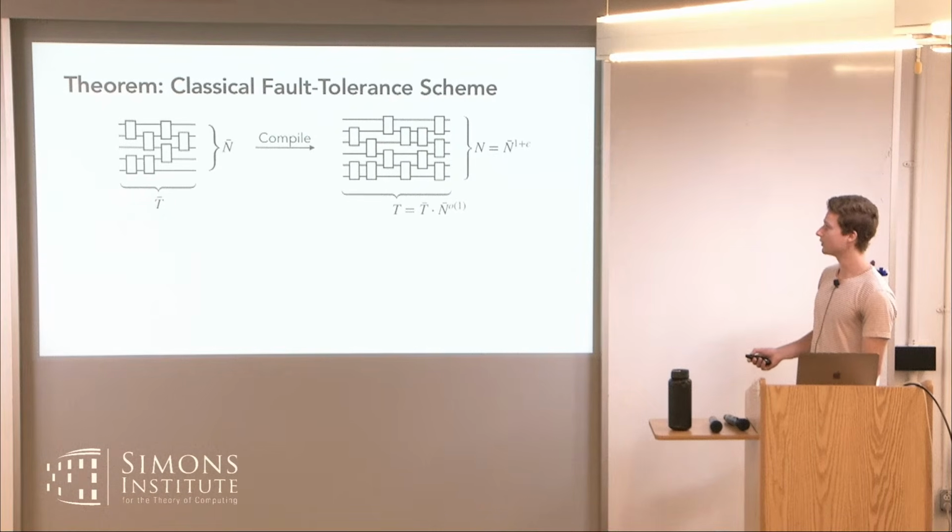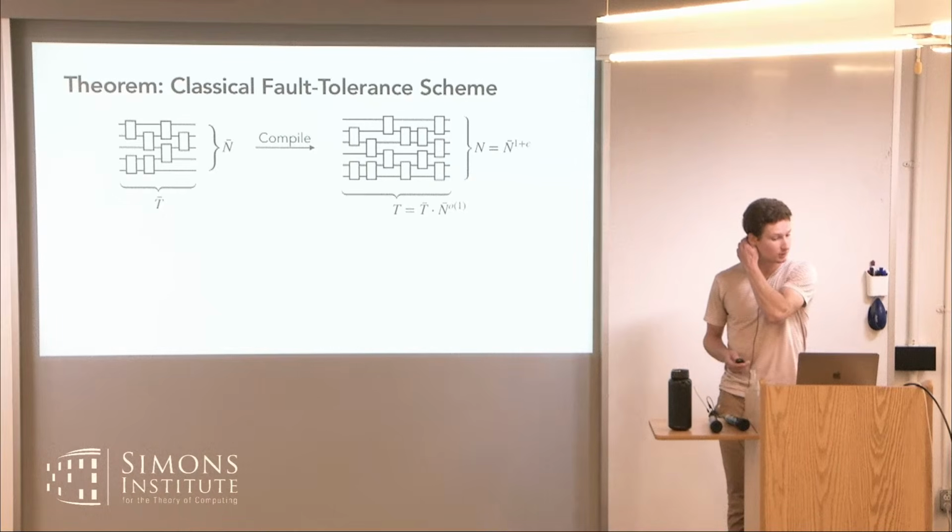So if our original circuit has depth t and width n-bar, then our physical circuit has time usage that's only subpolynomially larger than the original time usage, and space usage that's again just a little more than linear in the original space usage.